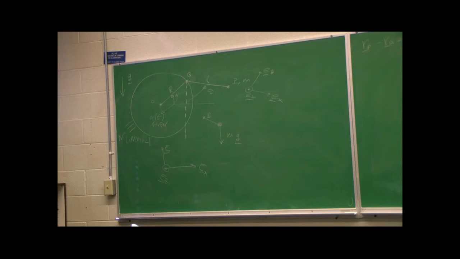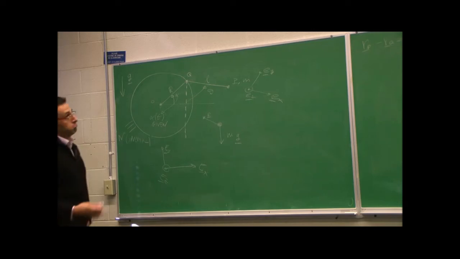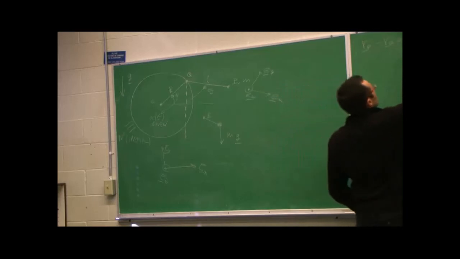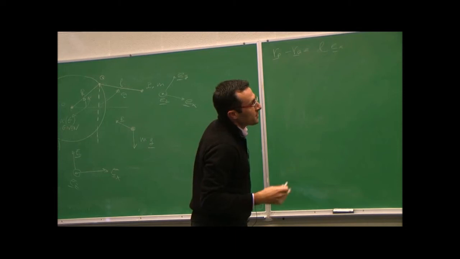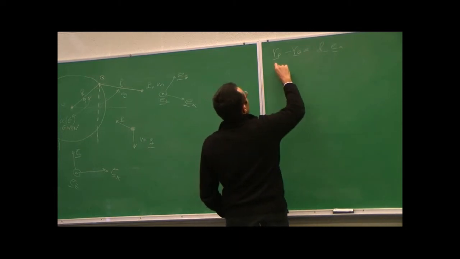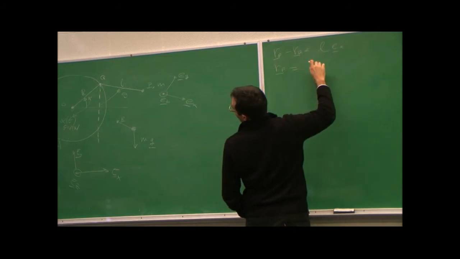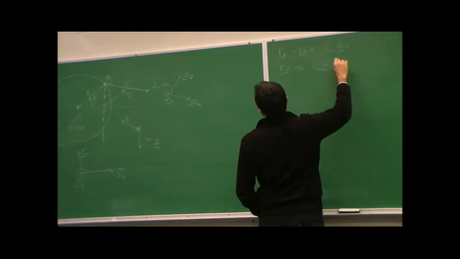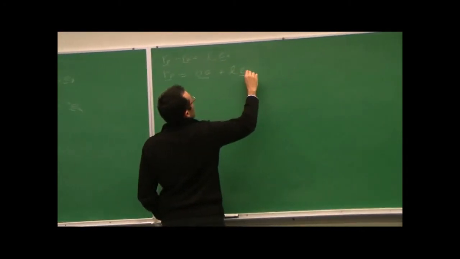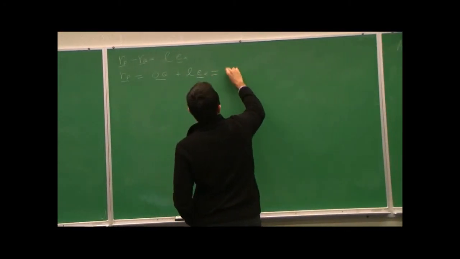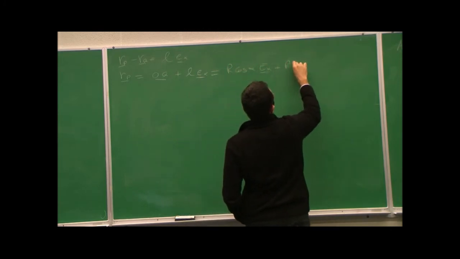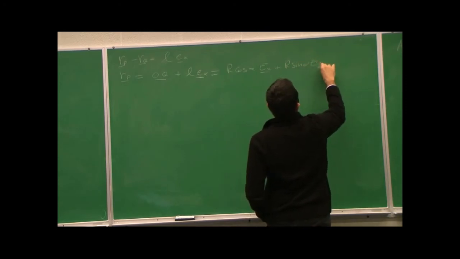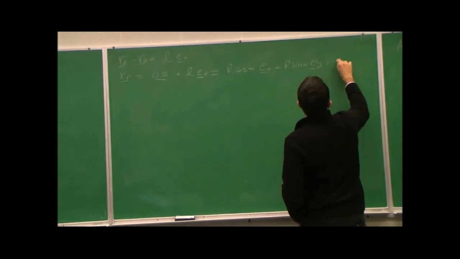What is Rp minus Rq? L ex. Yep, it's a vector. Yes, done. Let's figure out the velocities. Let's talk about Vp, for example. So Rp is OQ, the vector that goes from O to Q, plus this L ex, which is also equal to R cos alpha Ex plus R sine alpha Ey plus L ex.